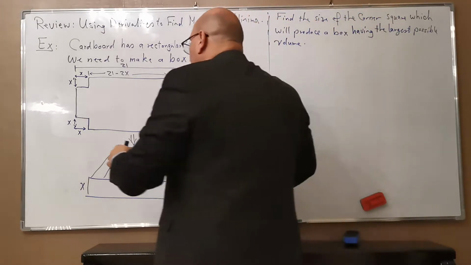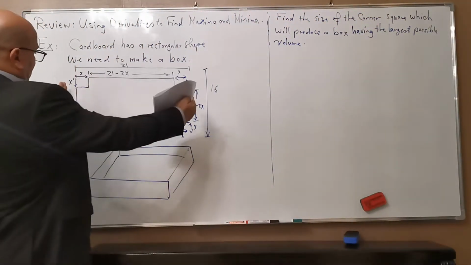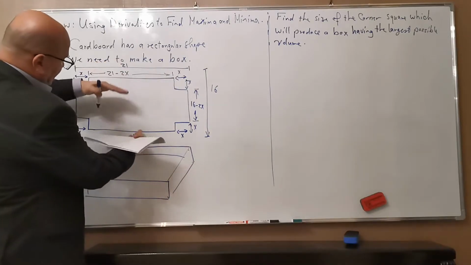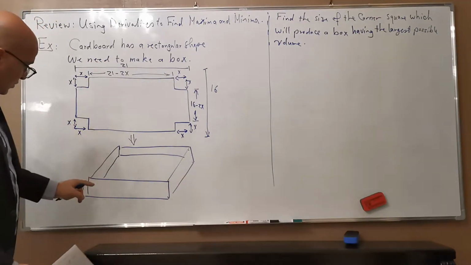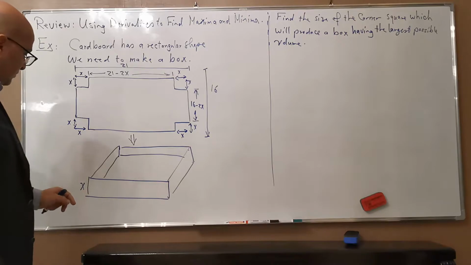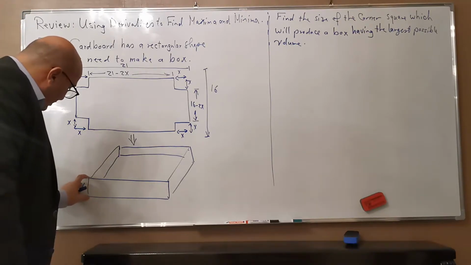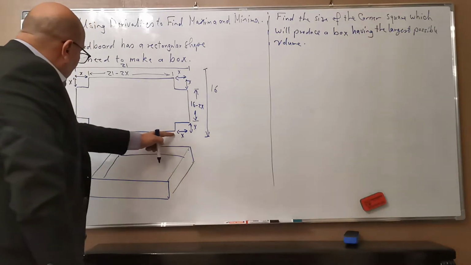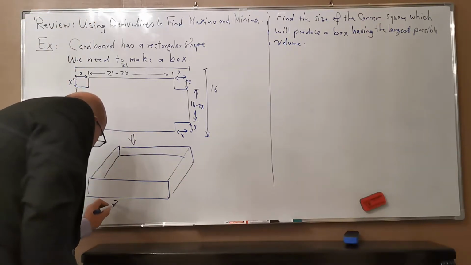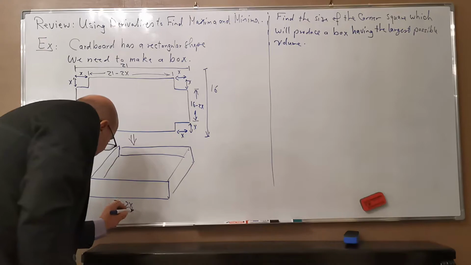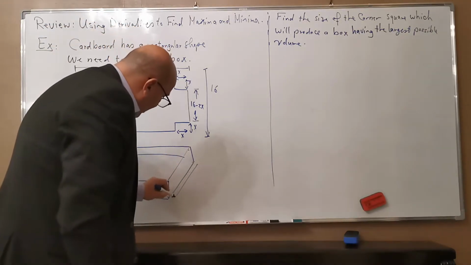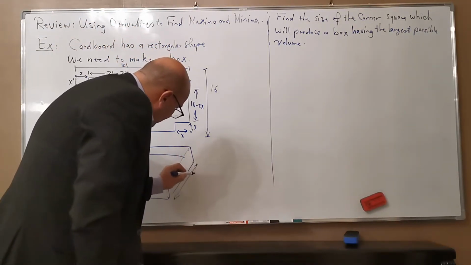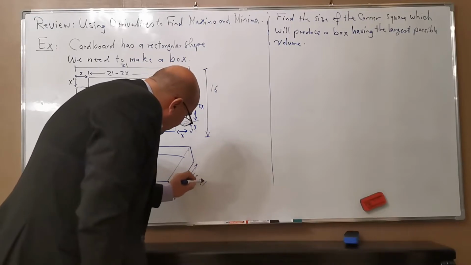When you bend those sides up, you will end up with this box. The height of this box is x. The length here is 21 minus 2x, and the width here is 16 minus 2x.